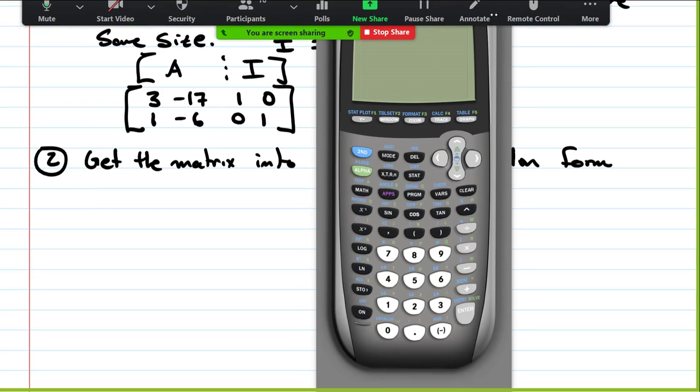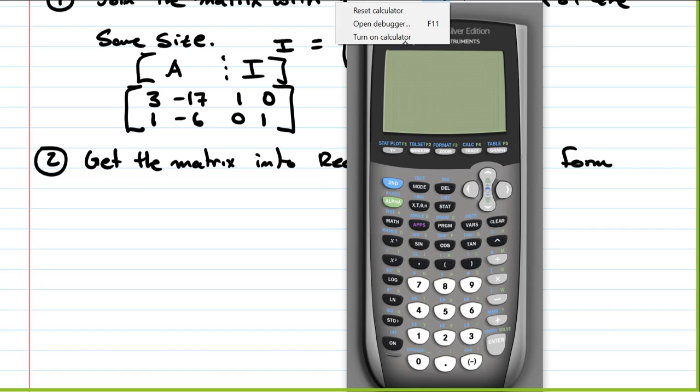We can do that by hand if we wish. I'm going to type it into the calculator.